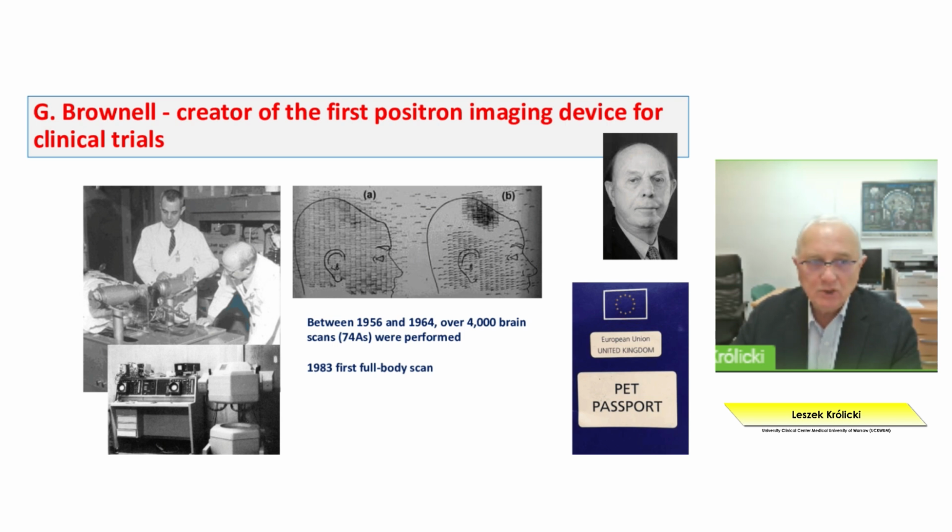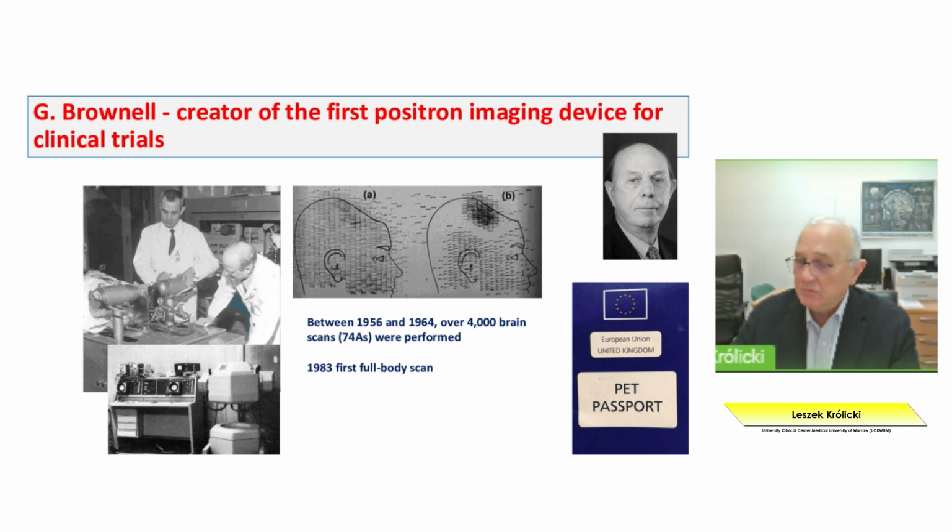And this is the image of the first PET apparatus. The authors of the first apparatus tried to add morphology and at least to draw the shape of the patient.